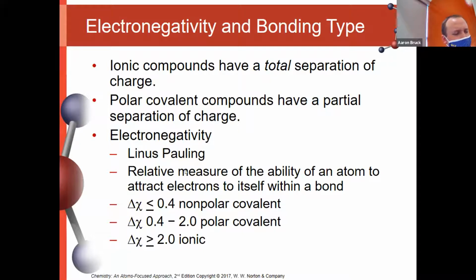One thing I want you to understand about this scale, though, especially in this domain right here, is that these are all shades of gray differences. The difference between nonpolar and polar, the difference between polar and ionic, they're shades of gray. It's not a stark difference. If I have a 2.1 electronegativity difference, yes, according to this scale, that would be an ionic compound.